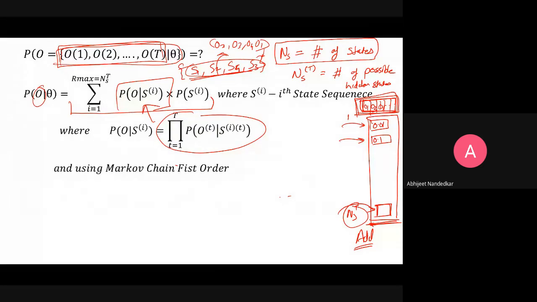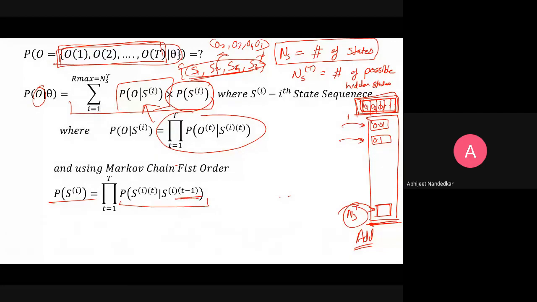Now we will use the Markov chain property of first order to find out this second quantity. That is nothing but the transition probability. So the probability of obtaining Si is equal to the product from small t equal to 1 to capital T of the transition probability from the previous state to the next state.